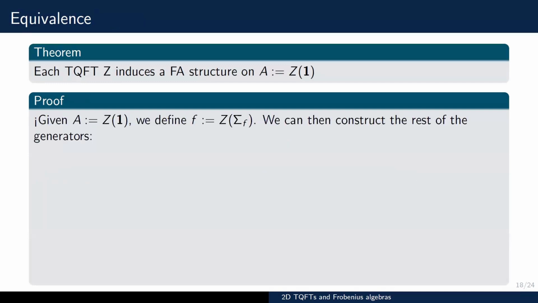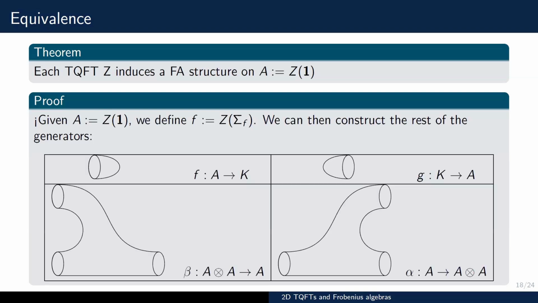Here we have to define a form, which is going to end up being the Frobenius algebra form, and that is going to be one of the 5 basic components that we defined earlier. I'll show in a second which element it exactly is, but after defining that, we can construct basically all of the other components as well.